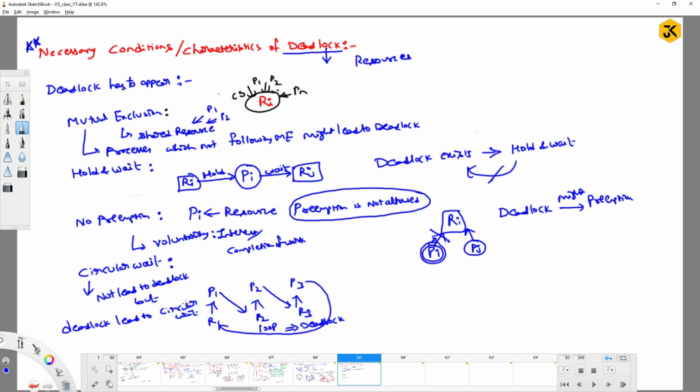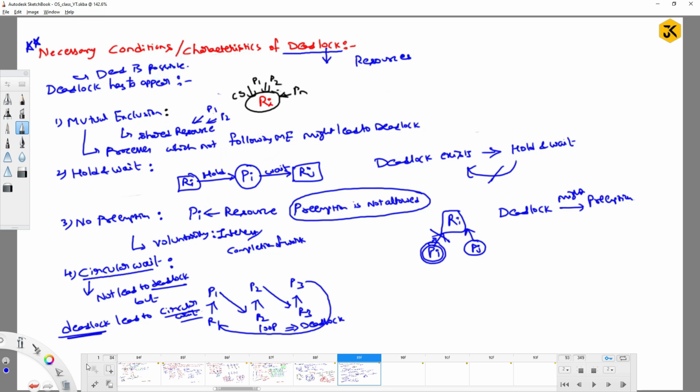For this, I can give a counterexample in the later part of the videos. Just for the time being, try to understand that if there is a circular wait, I cannot guarantee the deadlock. But if deadlock exists, there will be a circular wait, right? So these are the four kinds of conditions that are always true when a deadlock happens, which means that deadlock is possible when one of these conditions, you are able to observe.